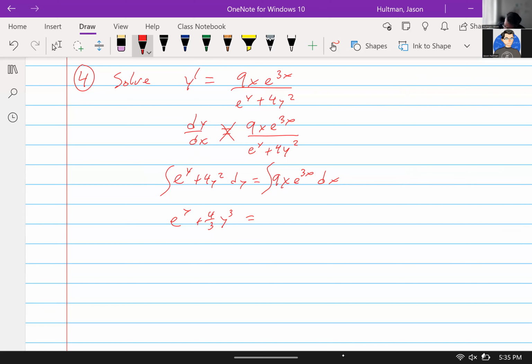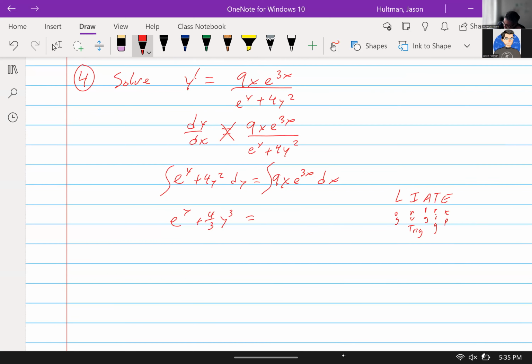Okay, the right side is actually integration by parts. Okay, remember LIATE. Okay, logs, inverse trig, algebra, and then trig, and then exponentials.